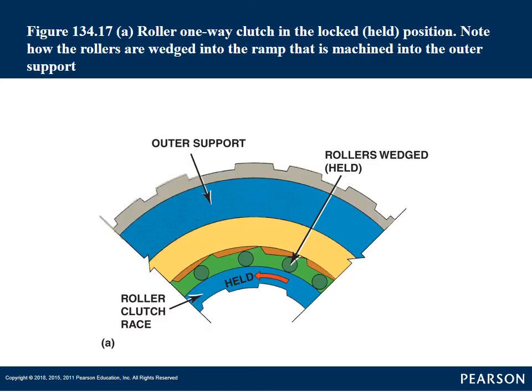As you can see, when we're holding or locking this, one doesn't show the picture of the springs, but the springs are going to be up near where those notches are. And what it's going to do is push that roller down into the narrower part of that ramp. So when our outer race in this case, or the inner race turns, and it drives that roller into the narrow part of that ramp, it locks those two together.